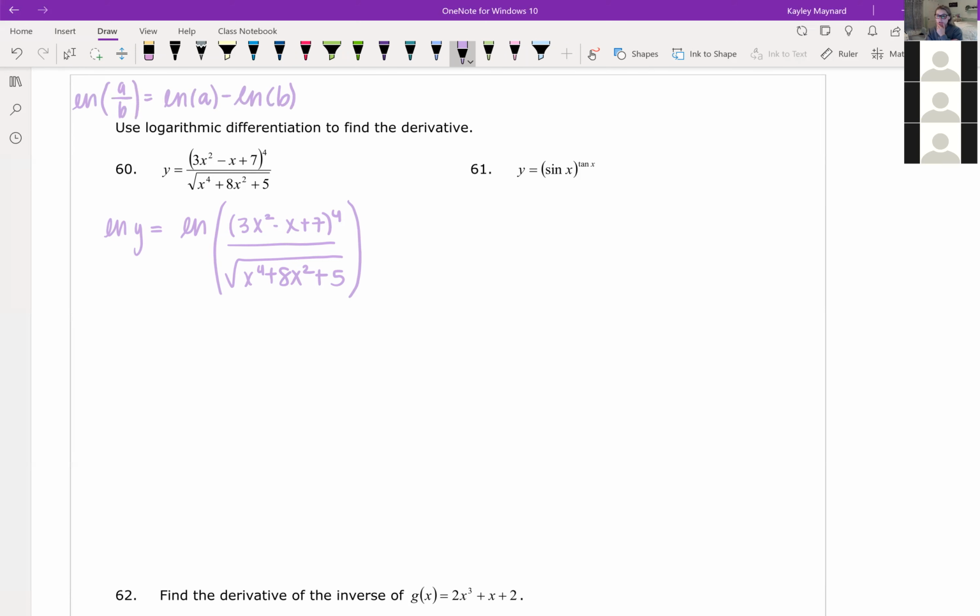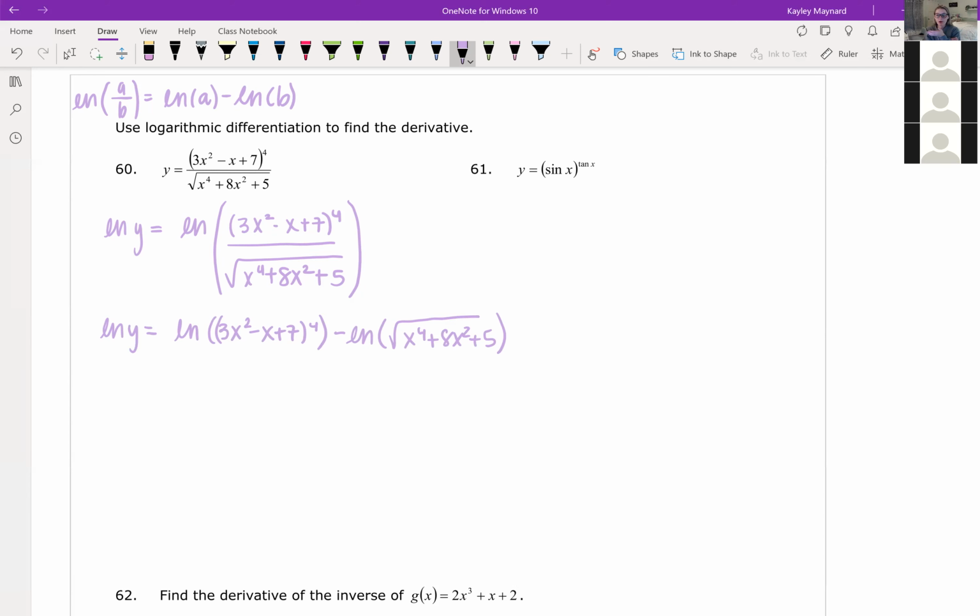So if you have ln of a fraction, you're able to split it up over subtraction. So let's apply that here. So I get ln of y is equal to ln of 3x squared minus x plus 7 to the fourth. And then I subtract from it ln of x to the fourth plus 8x squared plus 5.